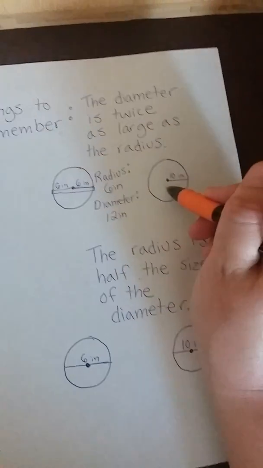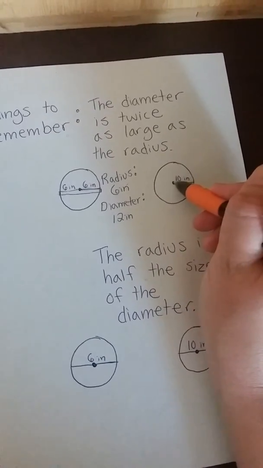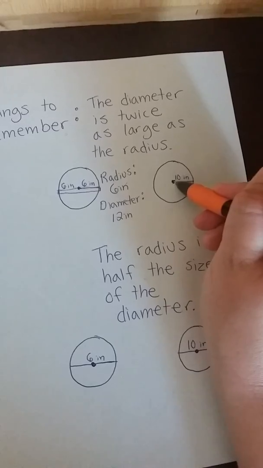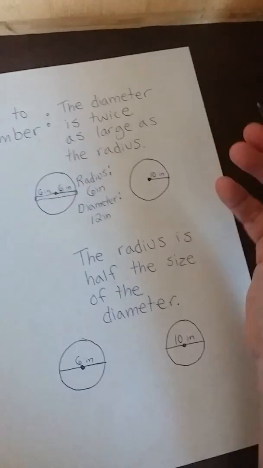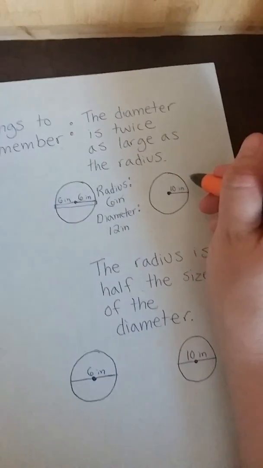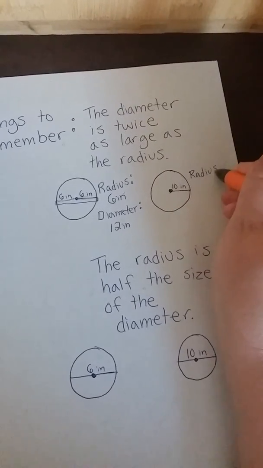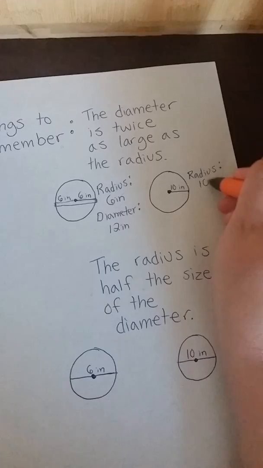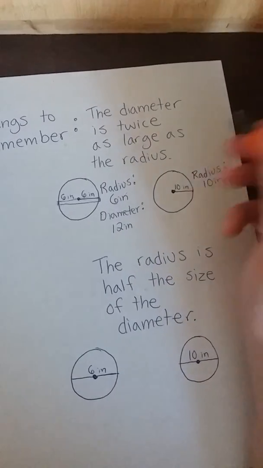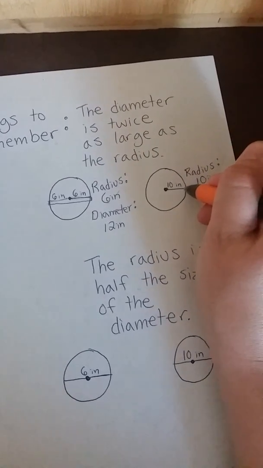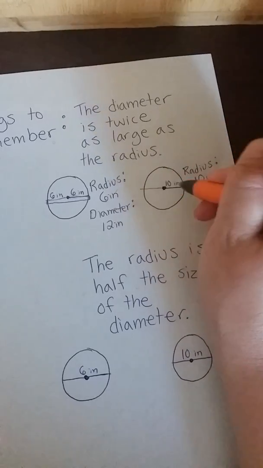Same thing over here. This is a radius, because it's just half our circle. It's halfway across. It goes from the center to the edge. So here our radius is 10 inches. Okay. To get a diameter, the diameter is going to go all the way across.